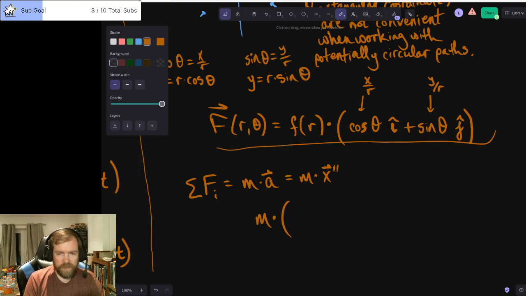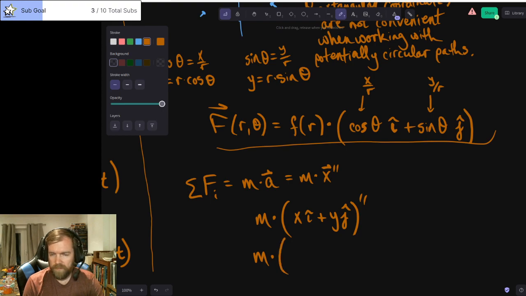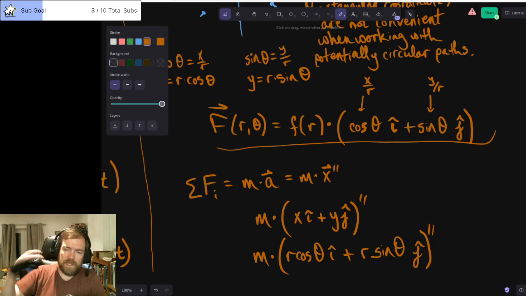So the position of any particular mass in this system is going to be x i hat plus y j hat, which then can be double primed, which can be rewritten in polar form. X is instead r cosine theta i hat plus y is instead r sine theta j hat. And then we double prime that because, again, we want the second derivative of the position, which gets us our acceleration.